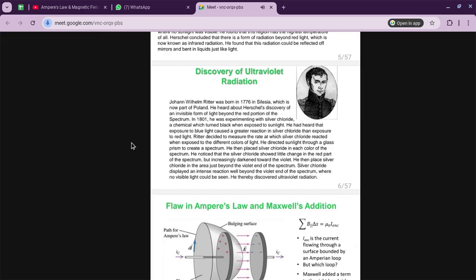Now, let's talk about the Ampere's equation for electromagnetic waves.